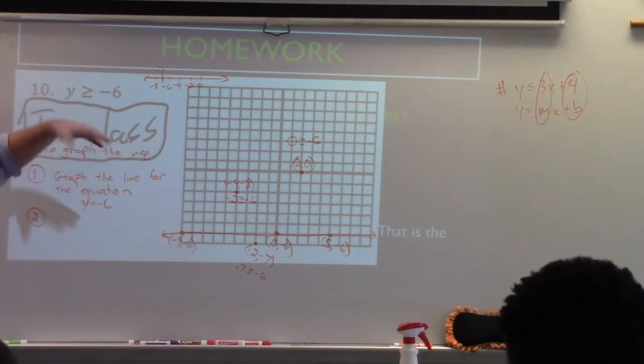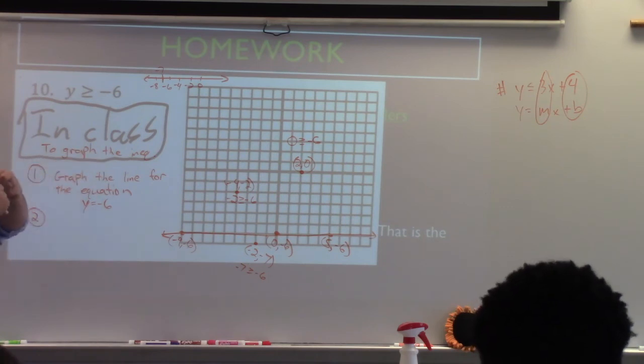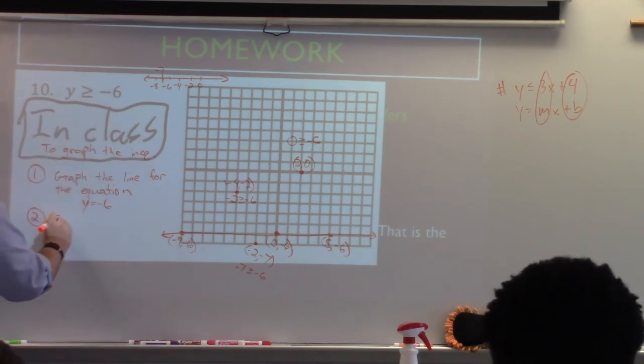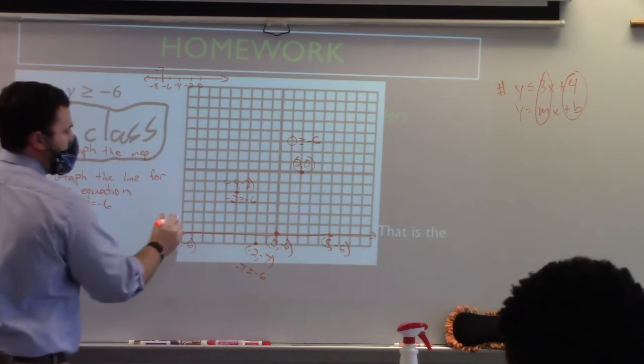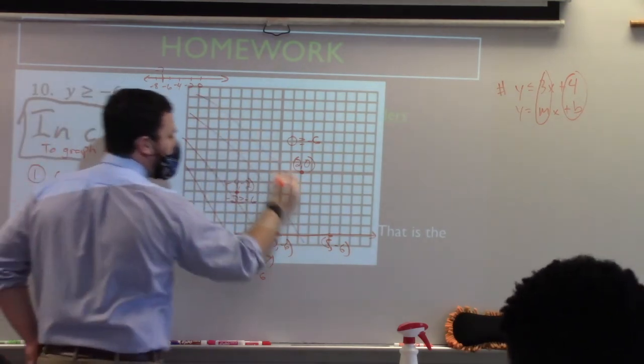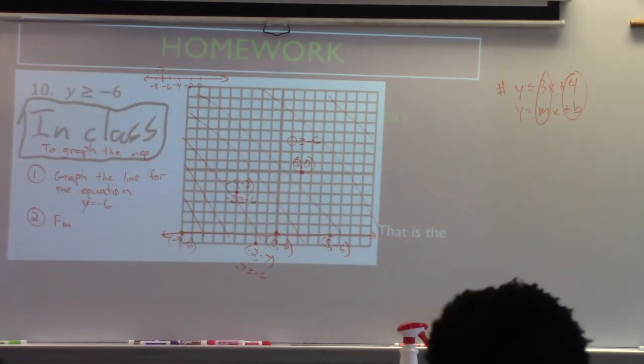Notice these points that are above the line are making the inequality true. With the number line, we just shaded one direction, but here, what do I need to do to indicate every point that makes the inequality true? Shade it all. I need to shade a lot, right? See how everything above it would make the inequality true? And that's how I would shade it.